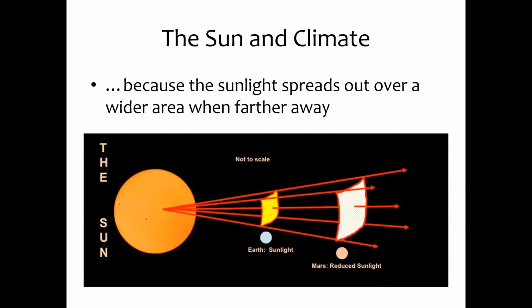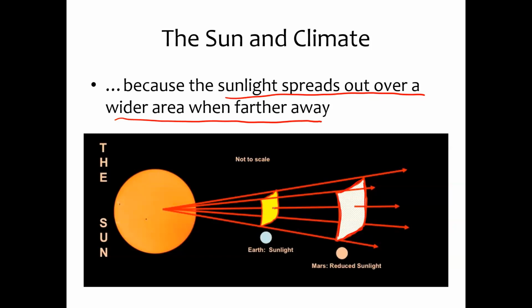Now, why are the planets closer to the sun so much warmer? It's because the sunlight spreads out over a wider area when the planet is farther away. Or conversely, planets that are closer to the sun have more concentrated sunlight. So because that energy is spreading out over a wider area when it hits Mars, it's not going to warm up the surface nearly as much because you're not getting as much sunlight over a given area as you do at Earth.